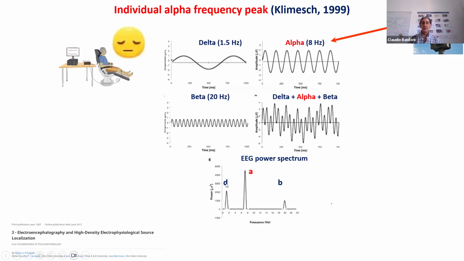And you see here, for example, for delta 1.5 Hz, this power in the graph, or from alpha, 8 Hz, and the power in this graph, and from beta, and you see the power in this graph.